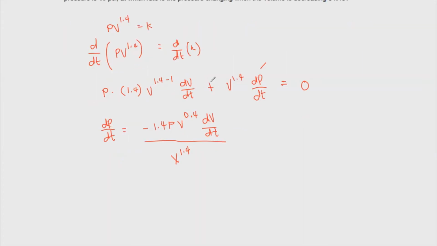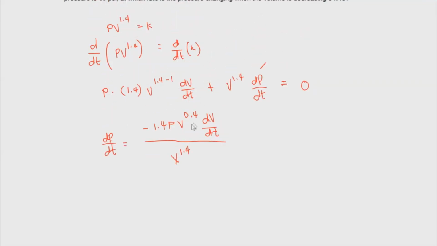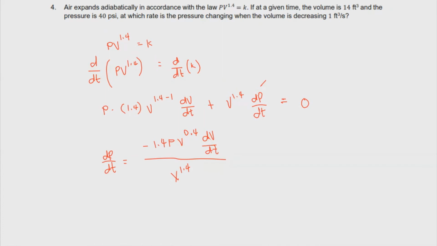So I just transposed this expression to the right and then divided all by V raised to 1.4 so that I'm left with dP over dt. So let's just move this a little right here. Okay, that's perfect. Now let's try to substitute all the values. We need dP over dt, and we already separated it at the left.